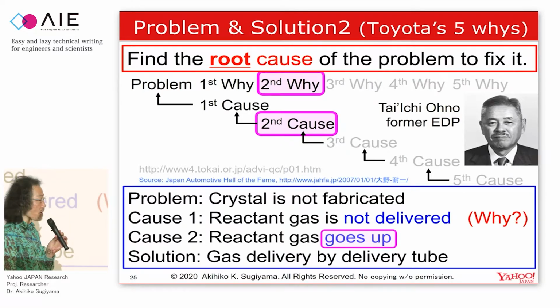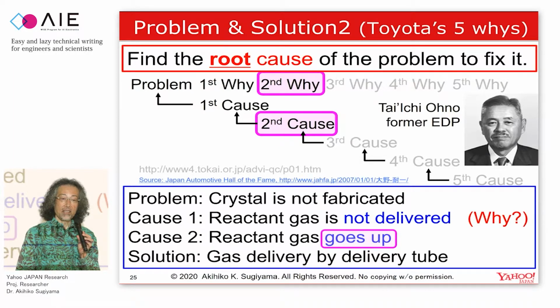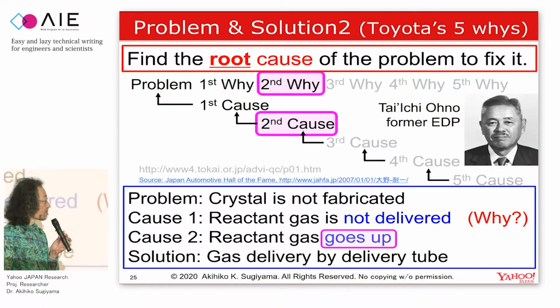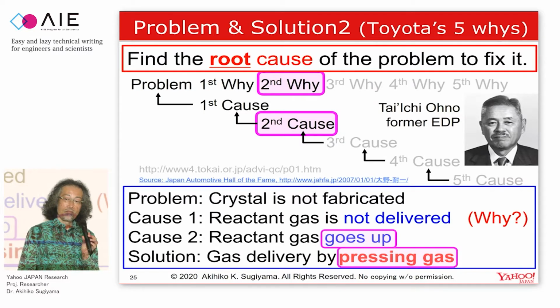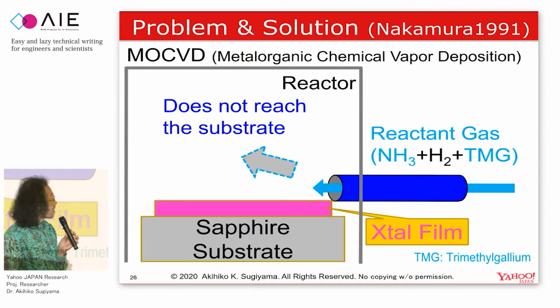He identified that reactant gas goes up. It does not simply diffuse, but it goes up. So that's the key. And he introduced a solution of pressing gas. So let's look at this figure.